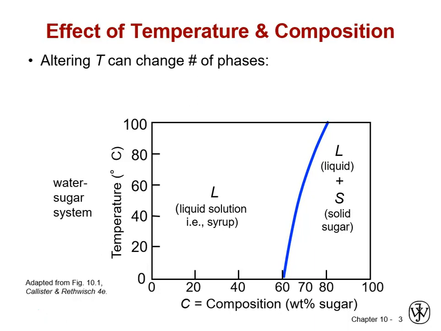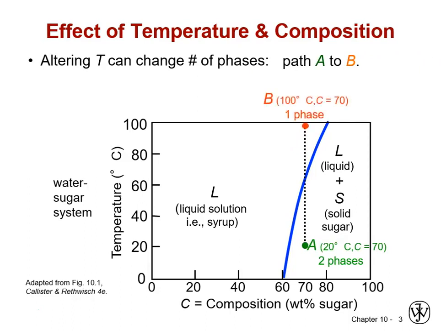If there's an exception to that, we'll point it out and then point out how analogous it is to temperature and composition. Okay, getting back to our sugar-water phase diagram, we can look at how altering the temperature can change number of phases as well as what is stable. So we're going to do a little animation here.